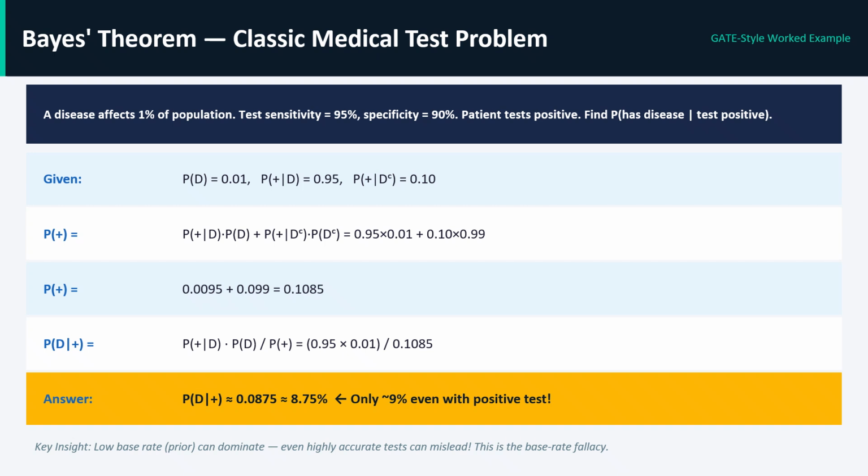That will be equal to 0.95 into 0.01 by 0.1085. Thus, the final answer is probability of disease in the patient given a positive result in the test will be equal to 0.0875. That is equal to 8.75%. Only 9% even with the positive test report.